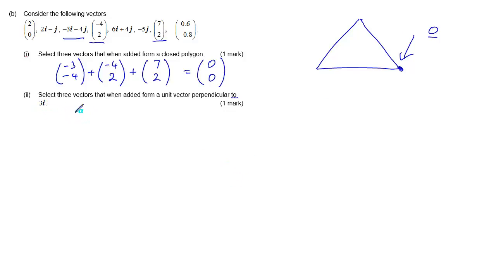We now want to select three vectors that when added will form a unit vector perpendicular to 3i. So it's got to be purely in the j direction if it's perpendicular to i.